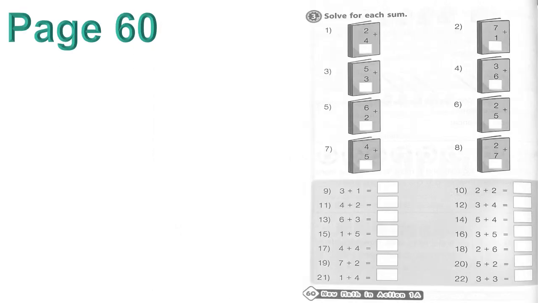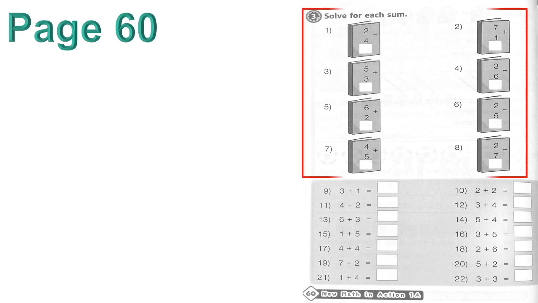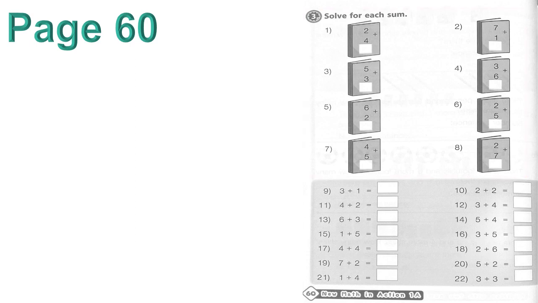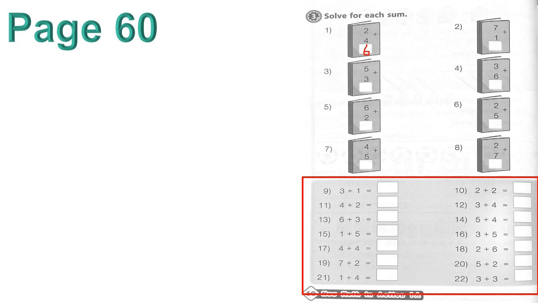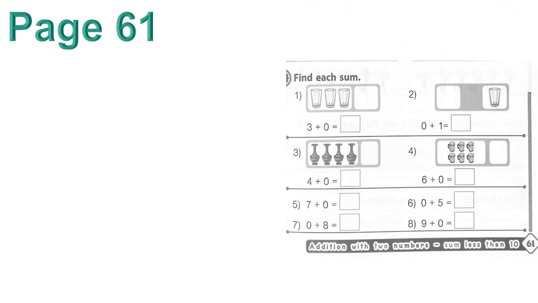Page 60, number 3. Solve for each sum. For example, number 1, 2 plus 4 is equal to or equals. Yes, please solve each sum. The answer is 6. Page 61.